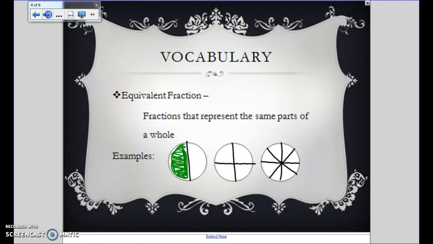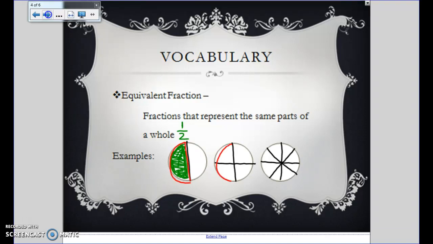I'm going to shade in 1/2 of that, or one of the 2 pieces, and we call that 1/2. There's 1 part shaded for 2 parts that make it whole. And then on the next diagram, because these circles are the exact same size, I'm going to shade in the same amount that I did here of the circle.